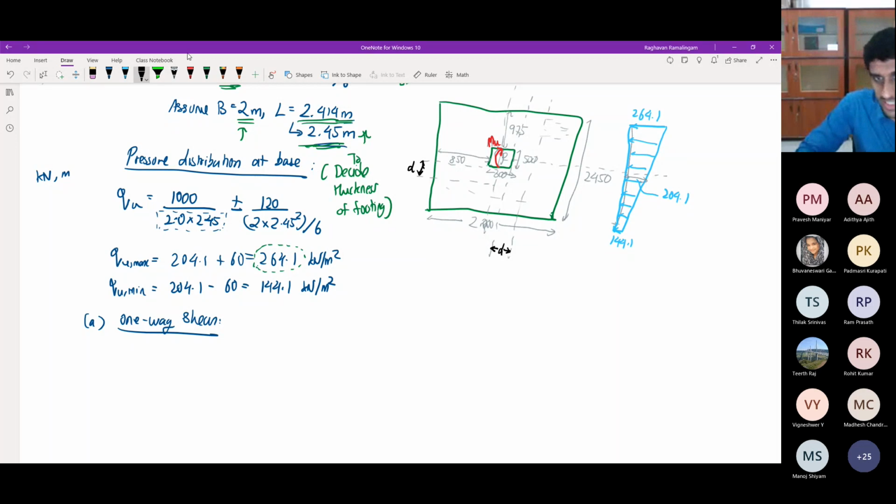I think this side is correct. Out of these two, I would suggest that we can use one of these directions alone for getting the one-way shear.